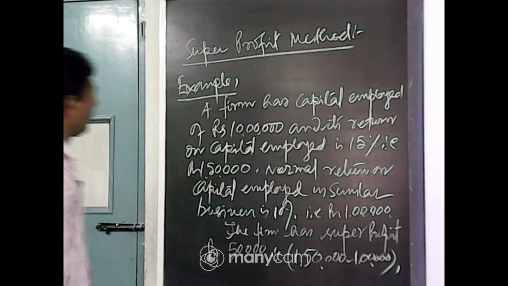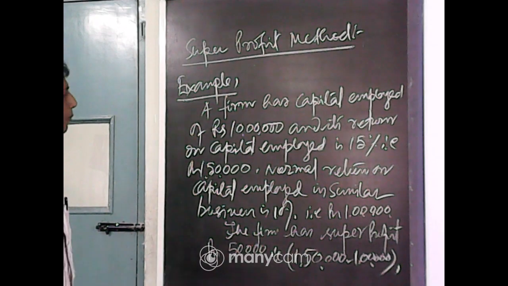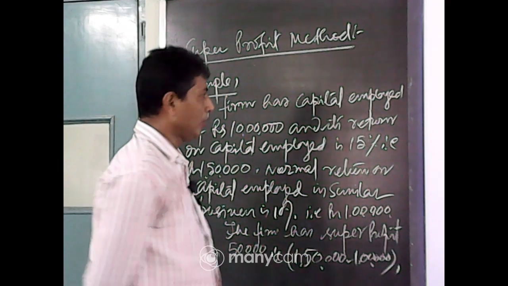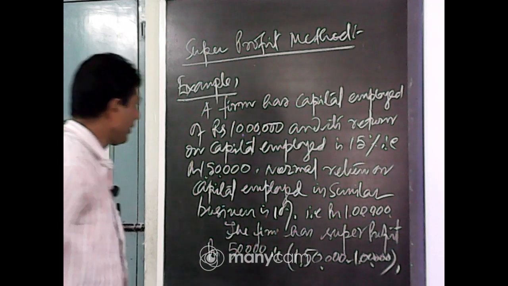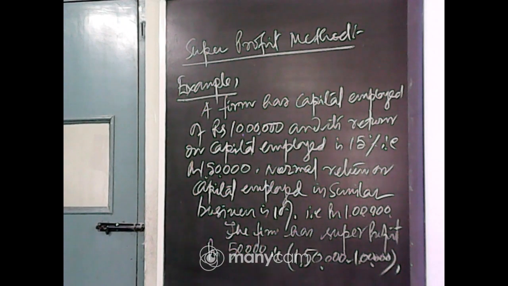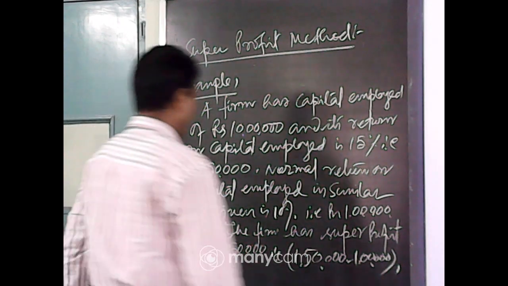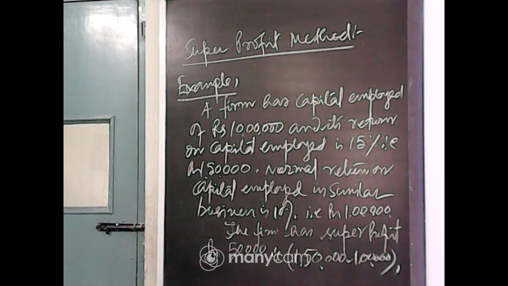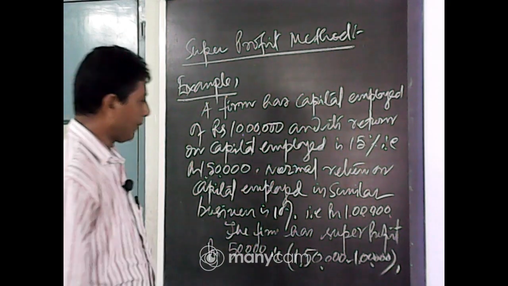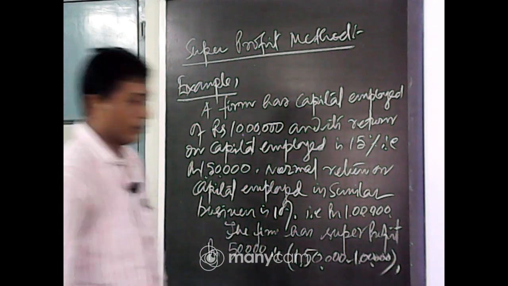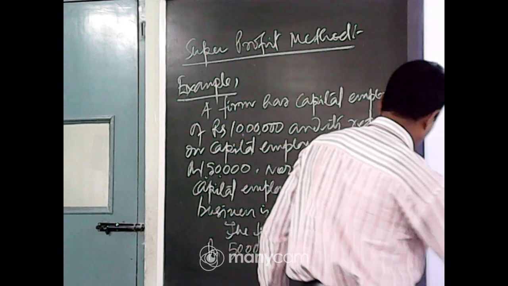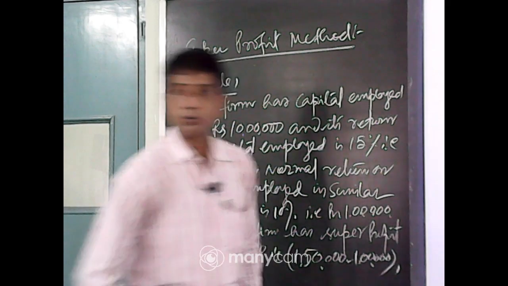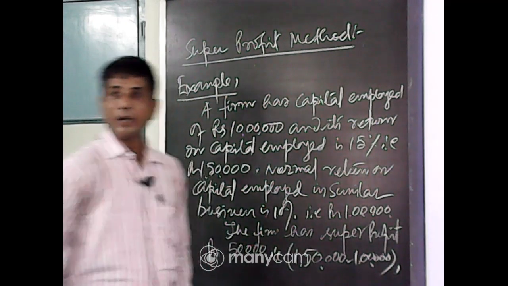The firm's capital employed is rupees 10 lakh and the return on capital employed is 15%, that is 1,50,000. Normal return in a similar business is 10%, that is 1 lakh. So the firm has super profit of 50,000. This is the capital employed.